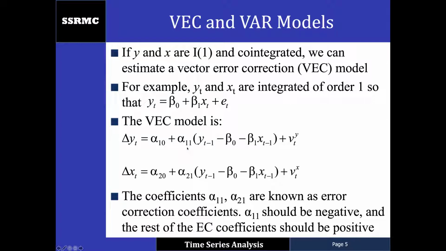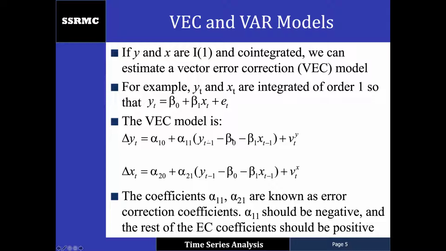On top of that, the coefficients of those error correction terms have economic meanings. So alpha11 and alpha21 are known as error correction coefficients. Alpha11 should be negative, and the rest of the EC coefficients should be positive. You may notice that the expression of this long-term relationship or the error correction term implicitly uses yt-1 as the dependent variable.